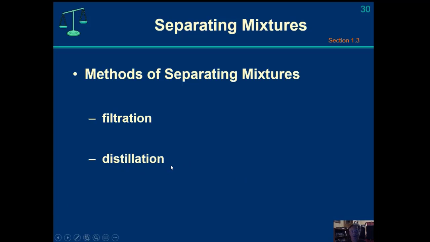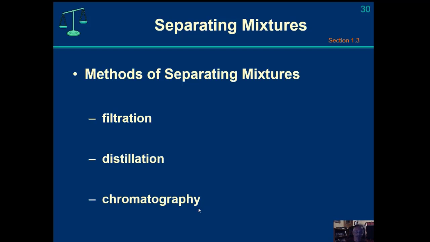Distillation is a process used for separating the components of homogeneous mixtures. It's also used in the production of spirits in the liquor industry. Chromatography is another method of separation. We won't deal with it in this course, but you are separating based on polarity.